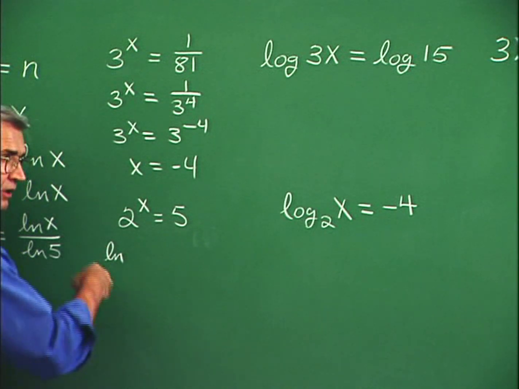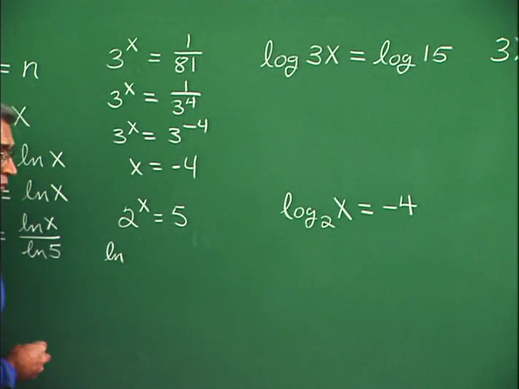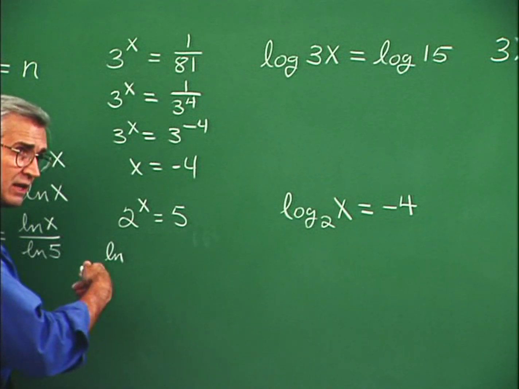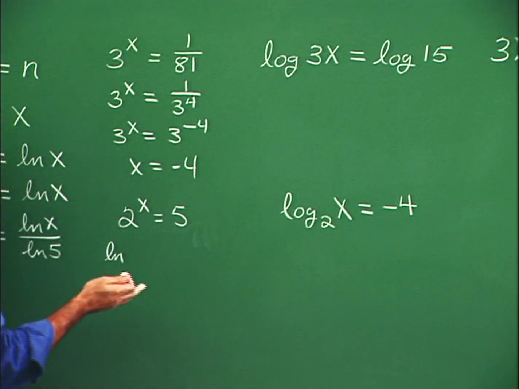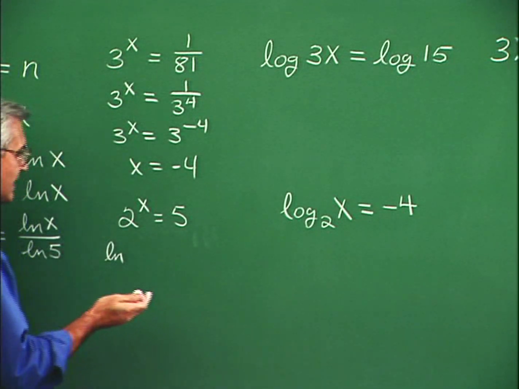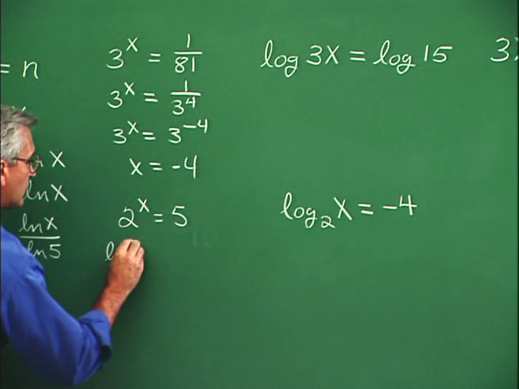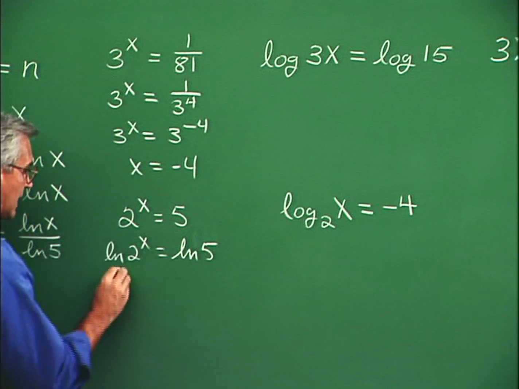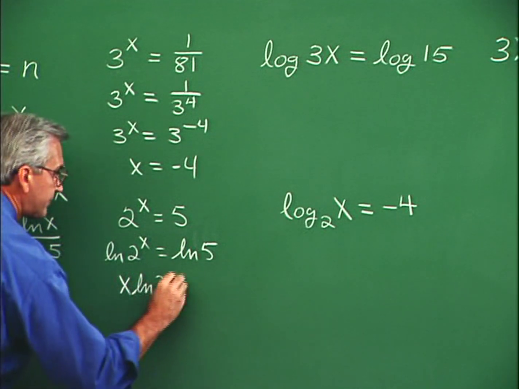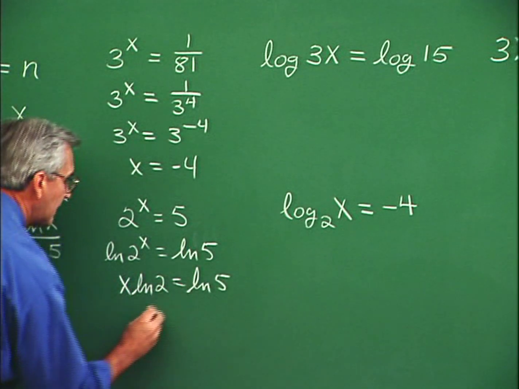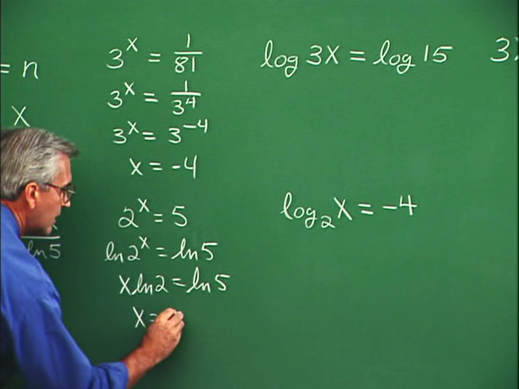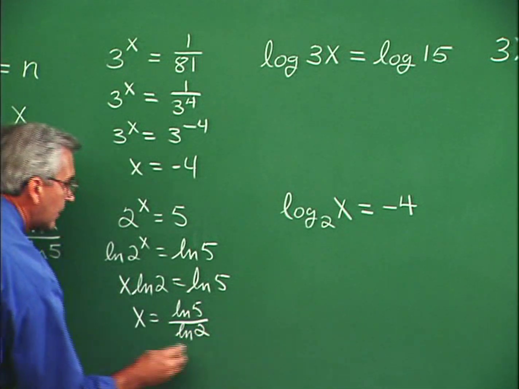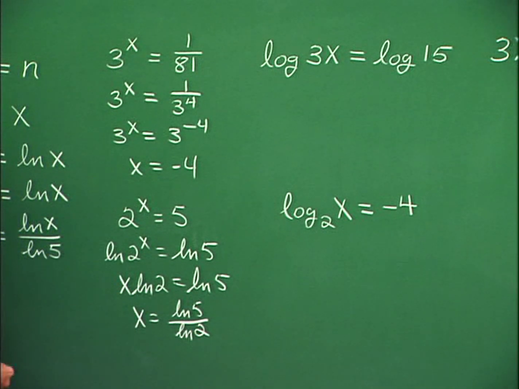We could use common logs, we could use logs of a foreign base if we want to, but we would probably choose either the log base 10 or the log base e, the natural log, because those are the ones that are in the calculator. At any rate, ln 2 to the x is equal to ln 5, and then this is x ln 2 equals ln 5. x then is ln 5 over ln 2, and we punch the calculator to solve this.